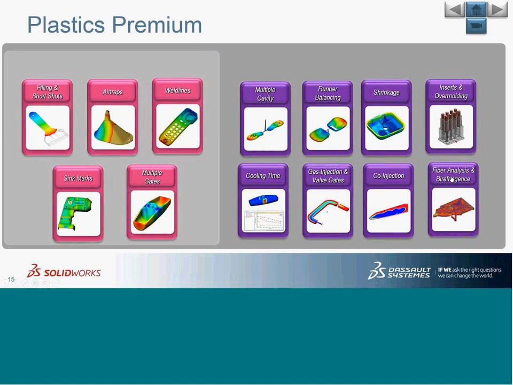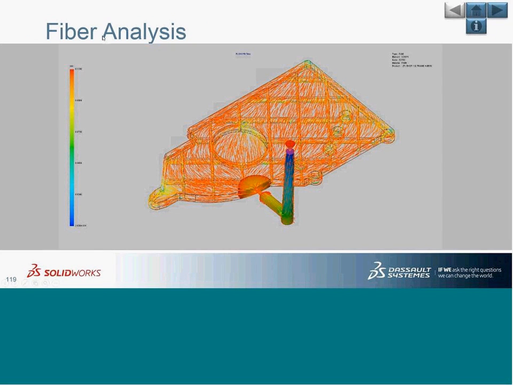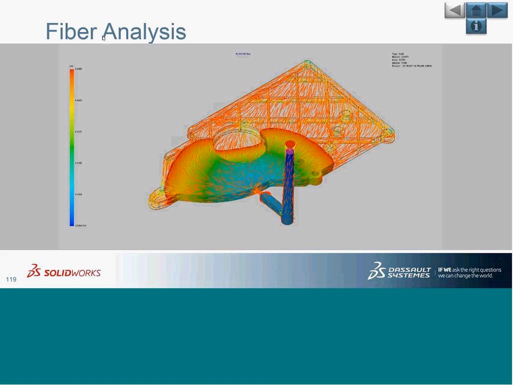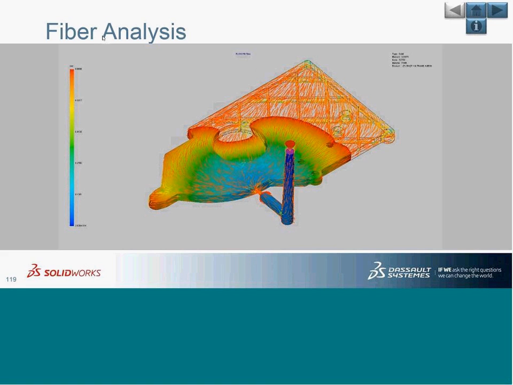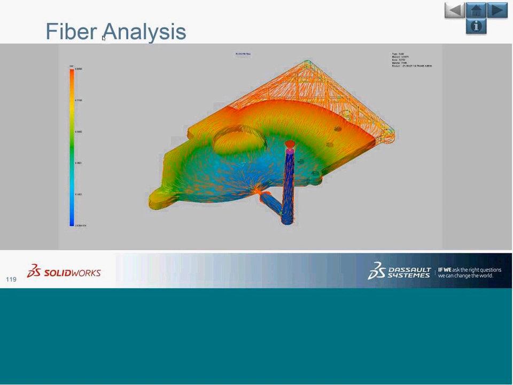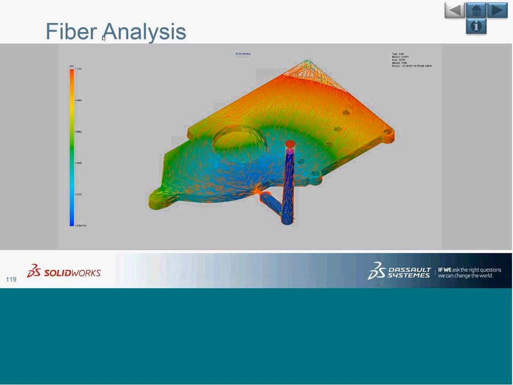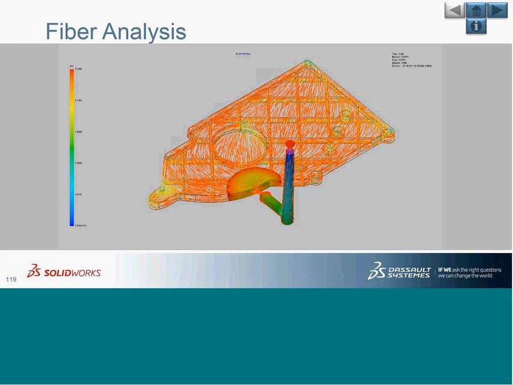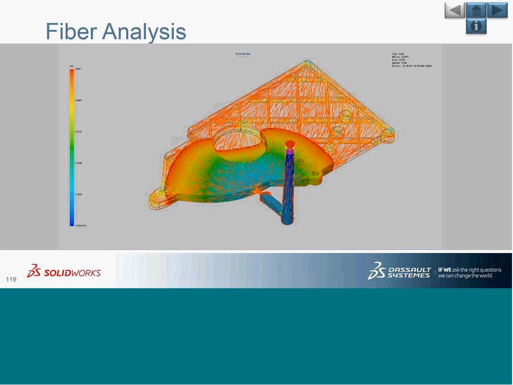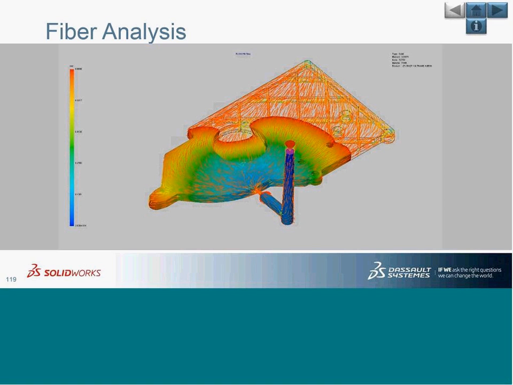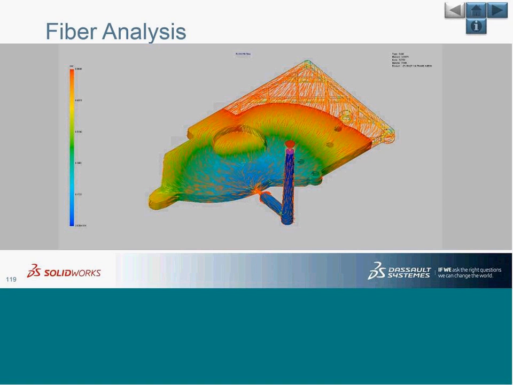We can understand the ways the fibers are getting aligned inside the part, which is going to help us see where the maximum tensile strength would be, and we can fill the part such that the strength is maximum in the required direction, and also do fiber analysis. So if it is a glass filled plastic, then we can see how those are getting aligned.